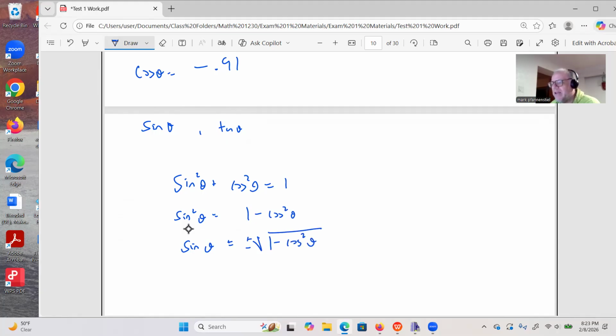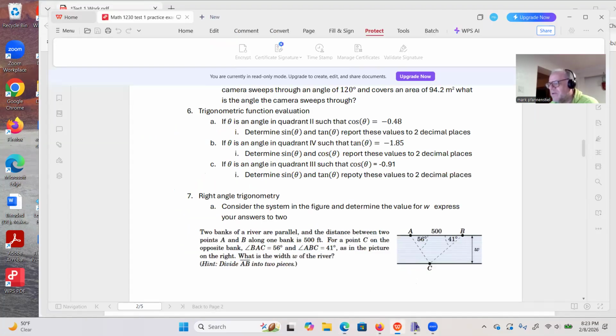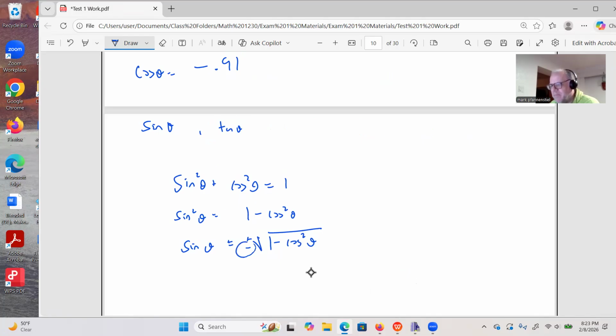We're in quadrant 3, so we're picking the negative value. So sine theta is equal to negative square root of 1 minus, what was my cosine squared? My cosine is 0.91 squared.